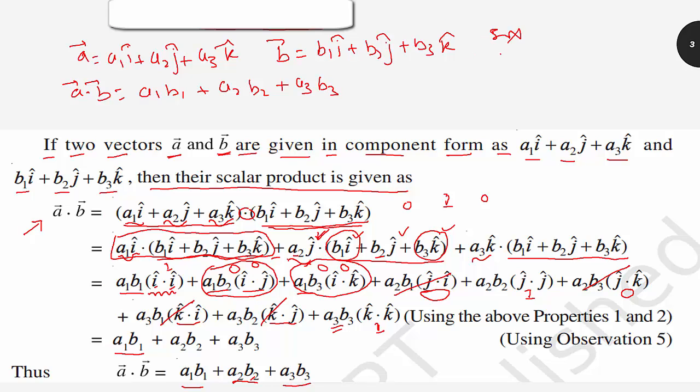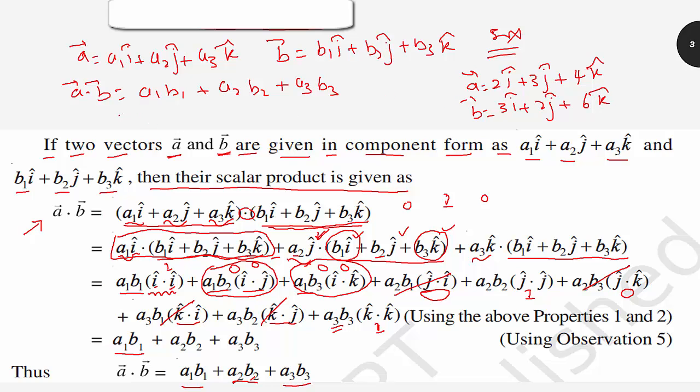Let us choose one example. A as 2 i cap plus 3 j cap plus 4 k cap. Vector B as 3 i cap plus 2 j cap plus 6 k cap. Clear?